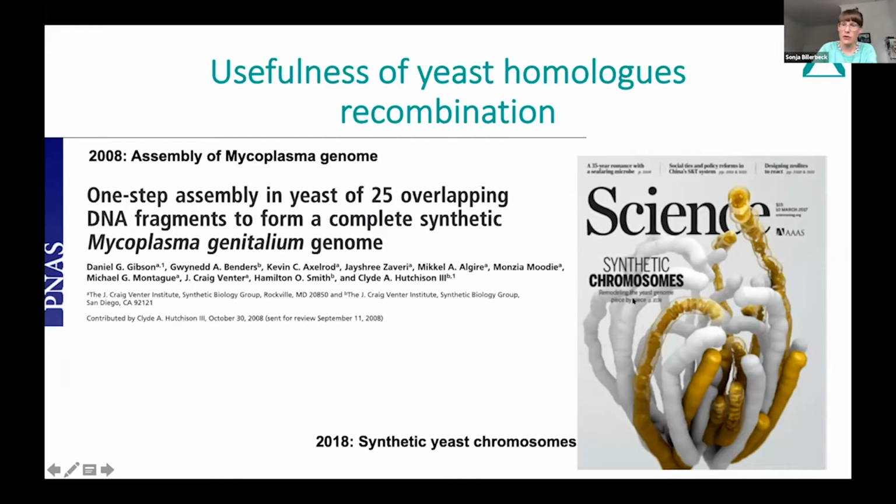And then currently in 2018, several full synthetic chromosomes of yeast were assembled in vivo, by a technically slightly different mechanism than classical yeast assembly in a plasmid, but still harnessing the homologous recombination mechanism of yeast. So it's really a powerful, reliable tool to do in vivo assembly.